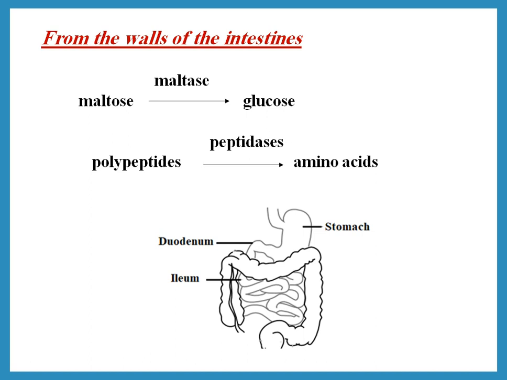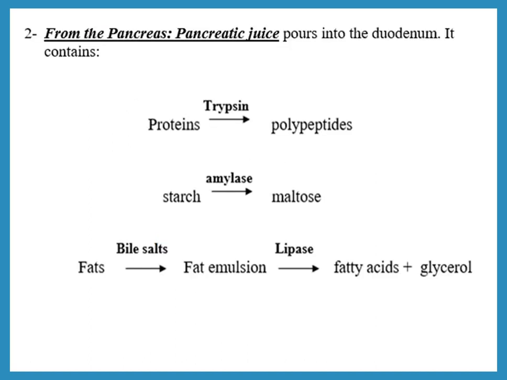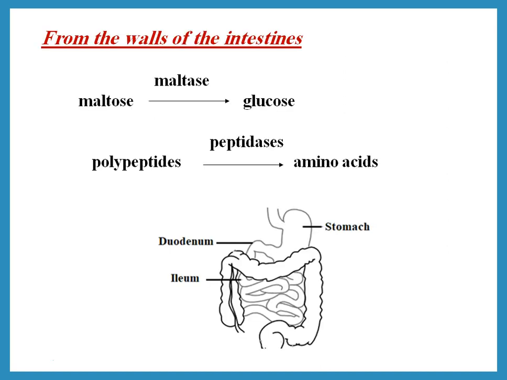So that is the end product of digestion of protein. So now all starch is glucose, all proteins are amino acids, and previously we had already changed fats into fatty acids and glycerol. So in the duodenum, all digestion is completed.